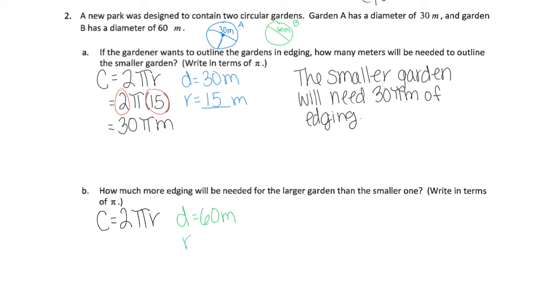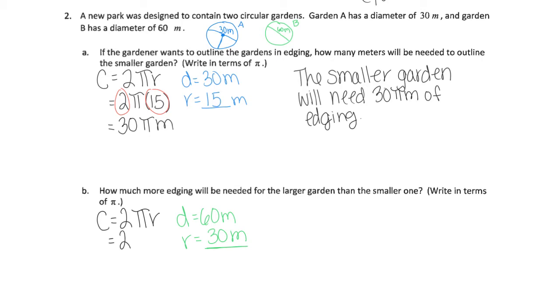And now we need to find our radius for our formula. What is our radius of this circle if our diameter is 60? Well, our radius is going to be 30 meters because radius is always half of our diameter. So now we are going to substitute 30 in for r.